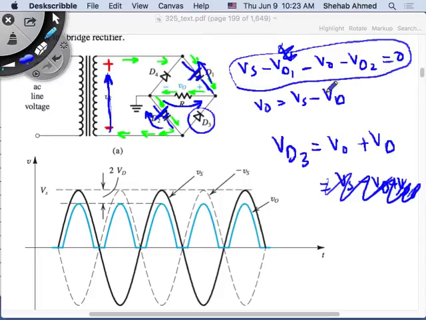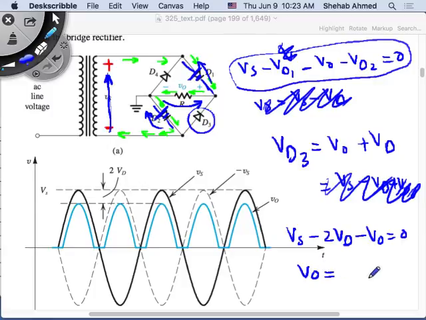One second. I want to calculate V output first because this is wrong. So what is V output? And then remember, VD1 is equal to VD2. So it's actually Vs minus 2VD, which is a diode voltage drop, minus V output equal to 0. So V output is equal to Vs minus 2VD. And VD3 is V output plus VD.